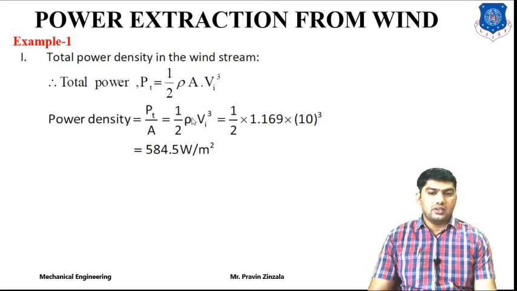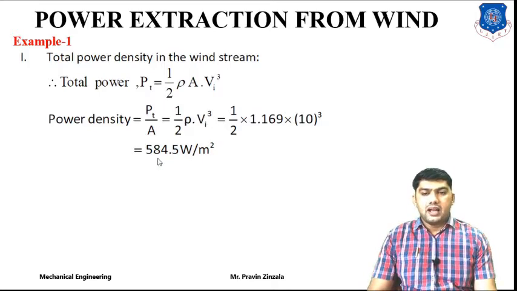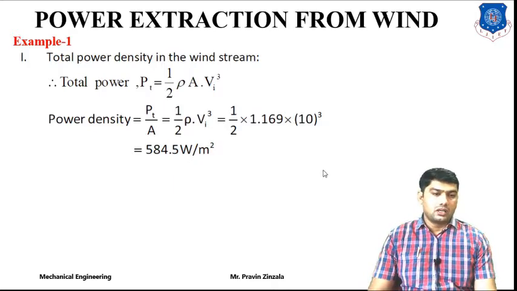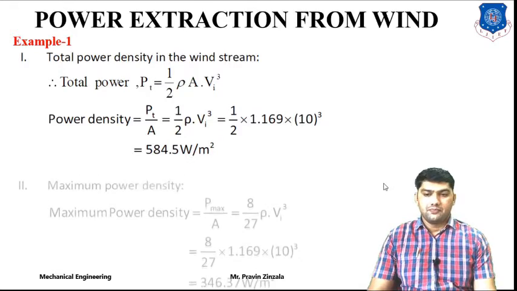So the equation is 1/2 rho V cube. By inserting the value of rho and V cube, the final answer will be 584.5 watt per meter square. So this is the power density. And for total power, we can also multiply by the area.